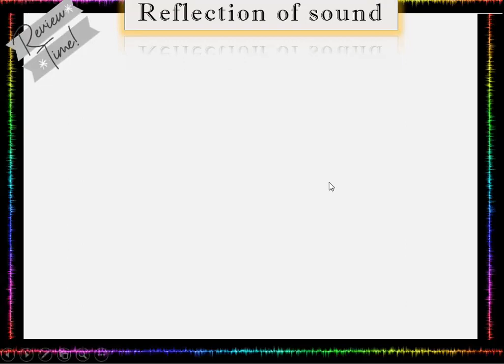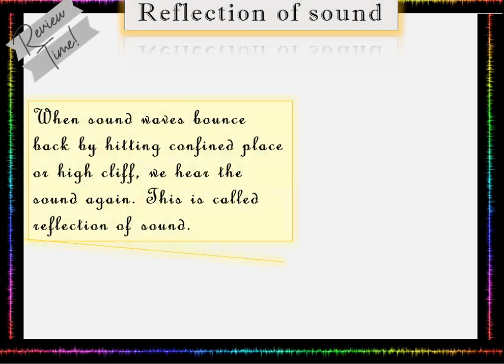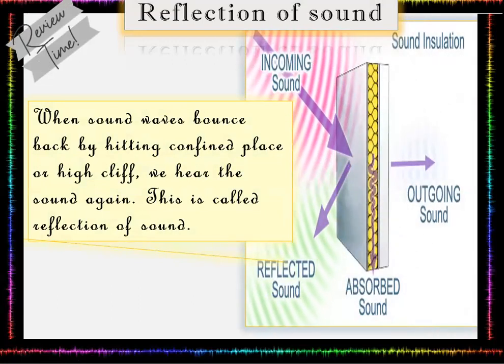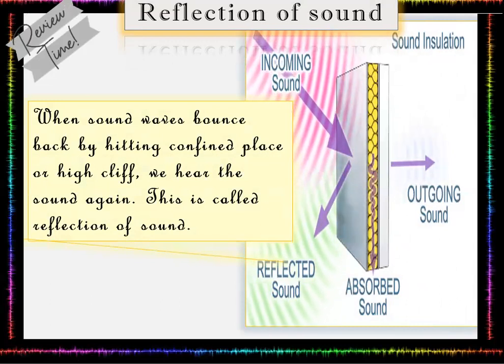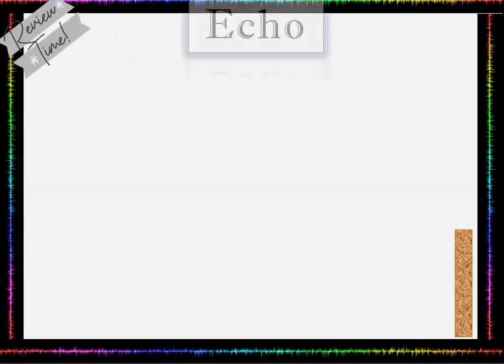Then comes the reflection of sound, students. Vibrations can bounce back if they strike a smooth, hard surface. Sound waves bounce off hard surfaces such as walls, floors, and ceilings. Echo.